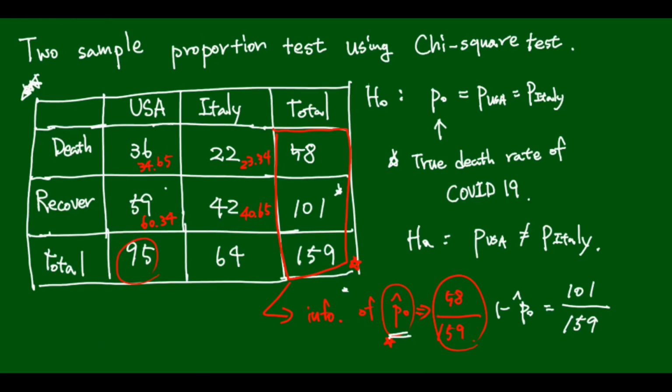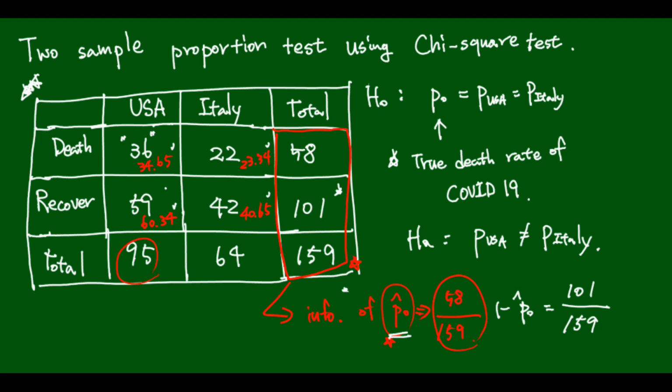Okay, I have calculated the expected count for each cell. So I got these four numbers, and we can see that there is a difference between the actual observation and the expected number.